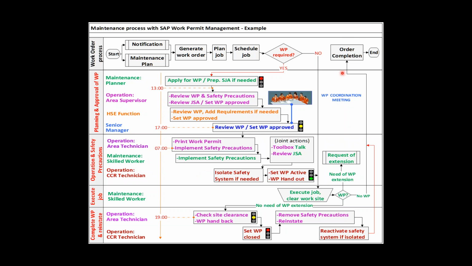Then we come back to the order completion. So this is the typical maintenance process with SAP Work Permit Management. We will see a detail of this during the demo.